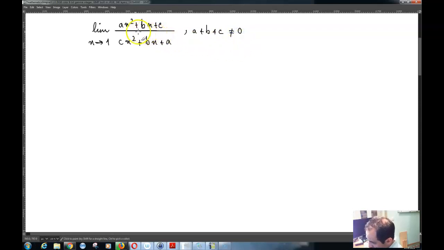So this is something like a general thing that you can use in many different situations if you happen to come across that. So now let's see how we can solve this problem.